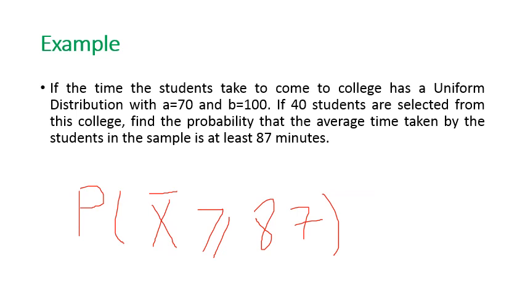The sample size is 40, and since it is greater than or equal to 30, I can apply the central limit theorem and say that the sample average is approximately normal, and hence I can apply the normal distribution in this case. So let's move to the answer of this example in the next slide.